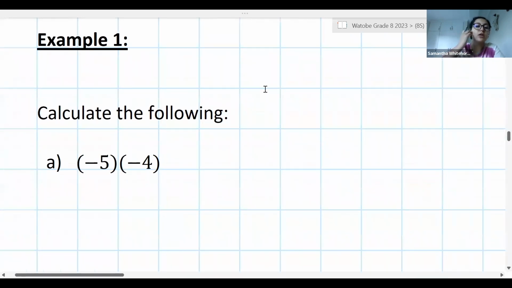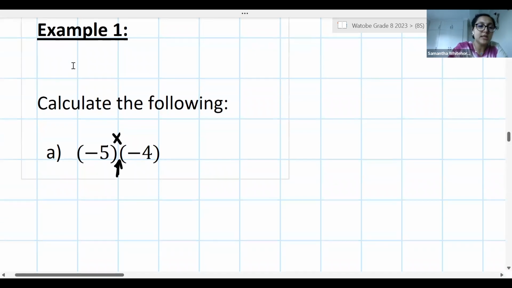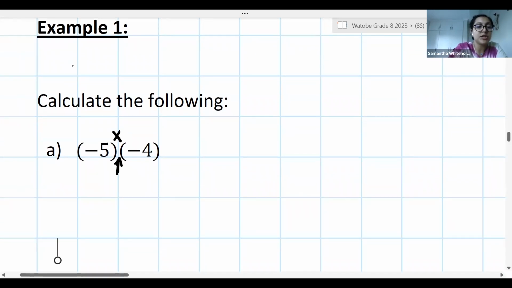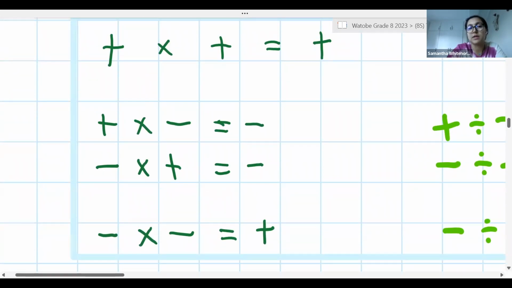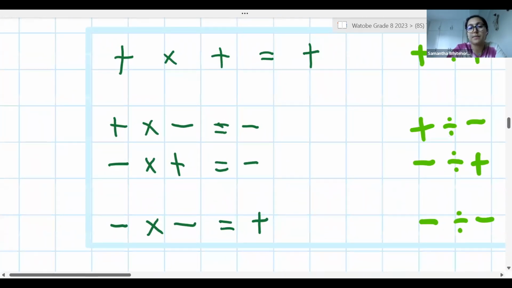First things first, when you've got two brackets sitting right next to each other with nothing in between them, what we need to remember is that our operation is multiplication. So what this expression is saying to us is -5 times -4. And because we're multiplying, we can use these multiplication rules with our signs.